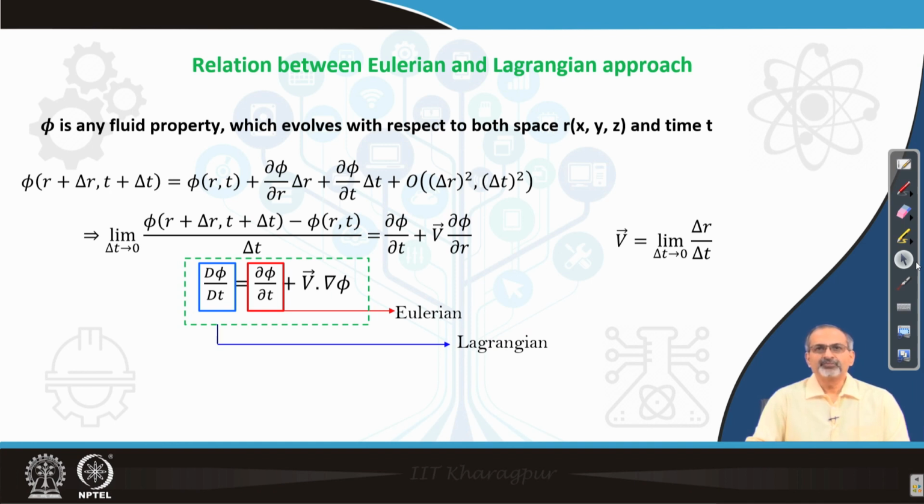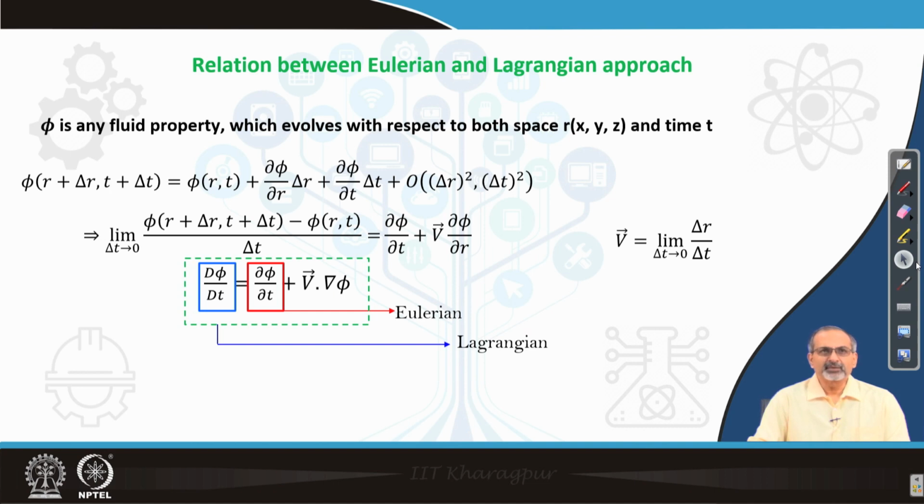So, we are trying to write an expression for phi at that later time t plus delta t, where the position vector has changed from r to r plus delta r, and we have used the Taylor series expansion for doing that. And you find that we have taken up to the first order terms as far as the derivatives are concerned, and then second order onwards, those are the higher order terms which we are neglecting, because we are taking the delta t to be extremely small, and therefore, the higher order terms might not matter to that extent.